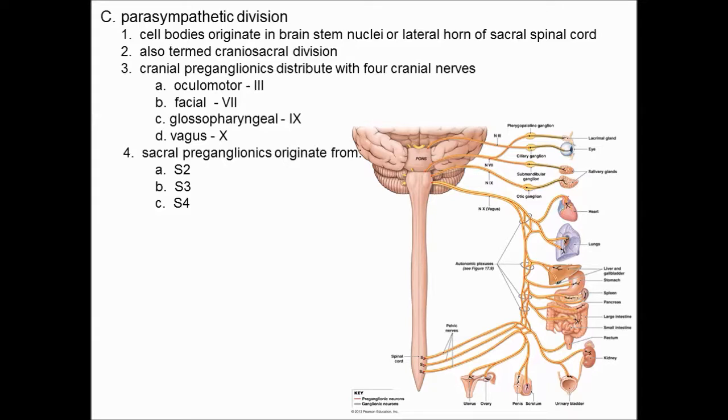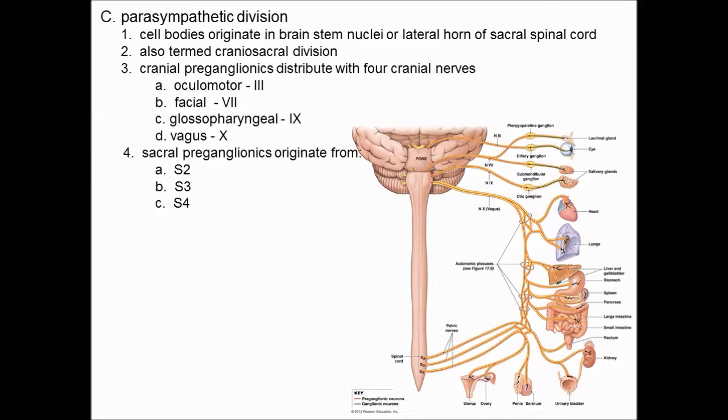Okay, so the parasympathetic division, the cell bodies for the first or preganglionic neuron are found in nuclei in the brainstem, up here, or down here in the sacrum. So just like the other one could be called thoracolumbar, this was classically called the craniosacral division, because it was fed by cranial nerves or the three sacral nerves.